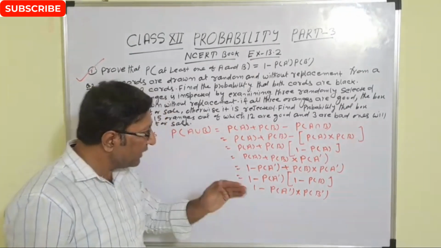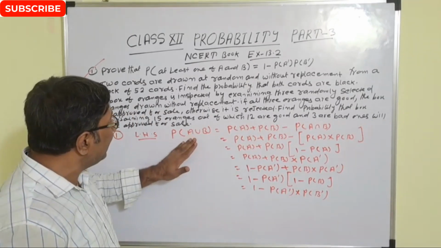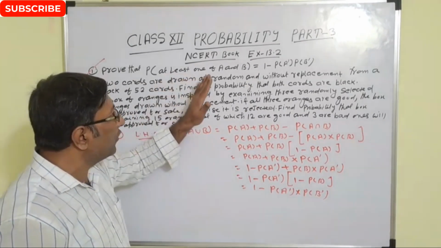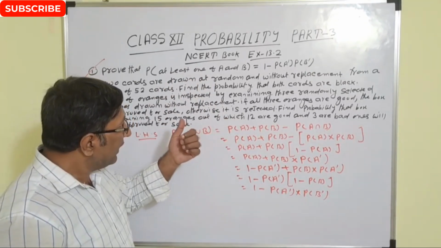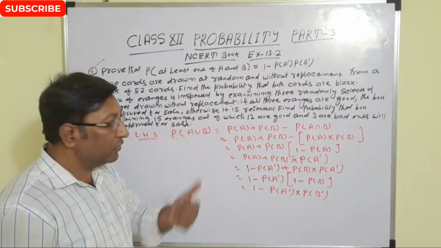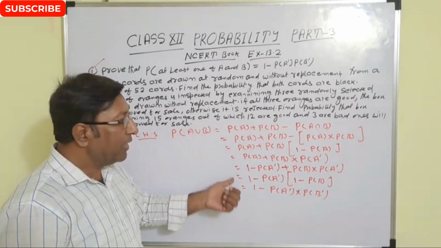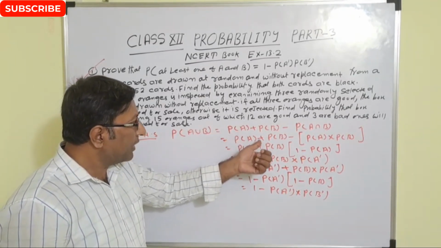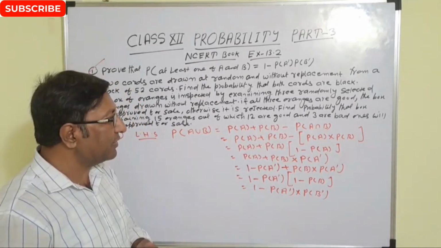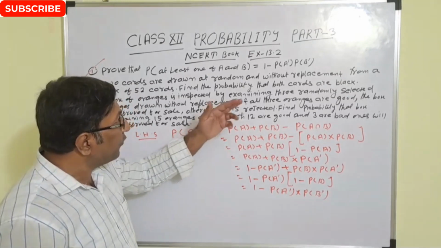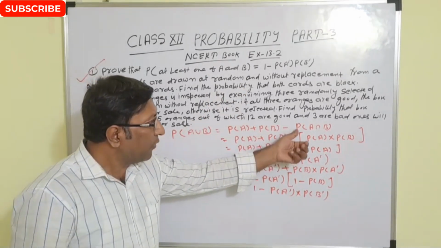Okay. So again repeating the same. We have to find probability of at least one of A and B. At least one of A means minimum A or minimum B or both. So the formula for probability A union B is probability of A plus probability of B minus probability of A intersection B. Now we have to prove this.